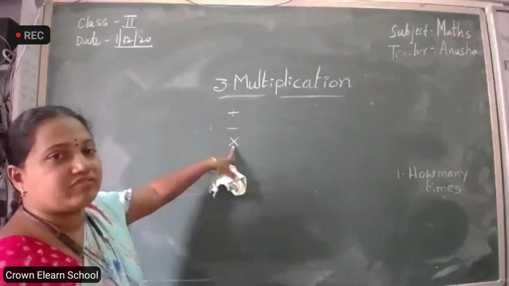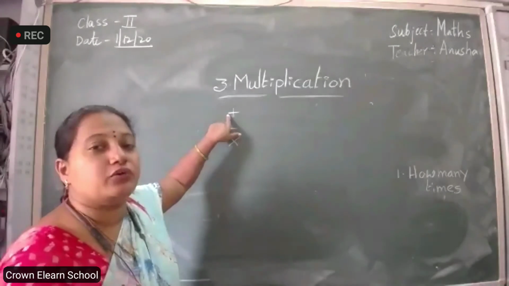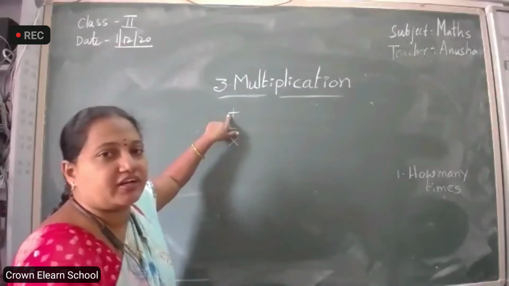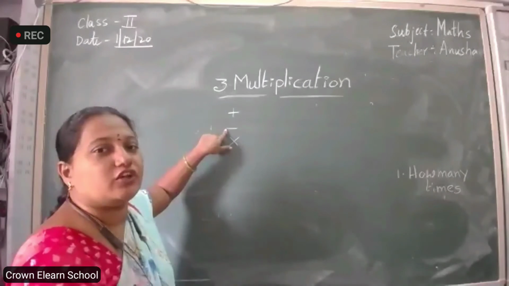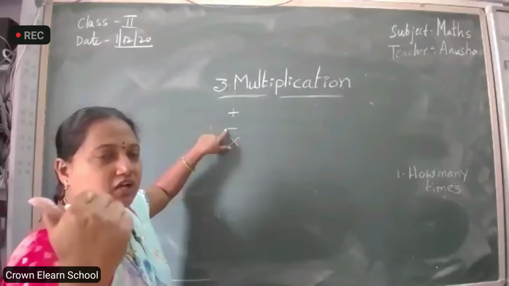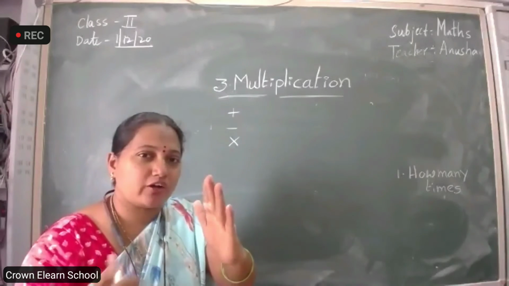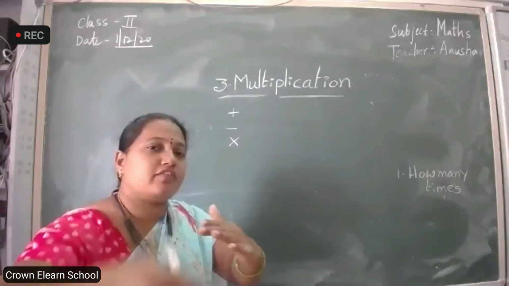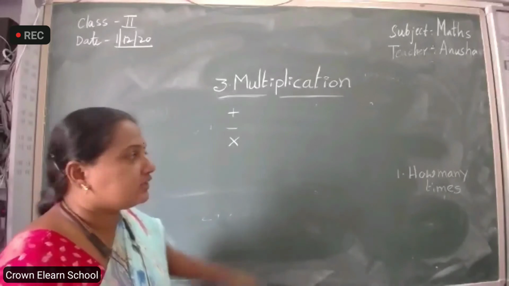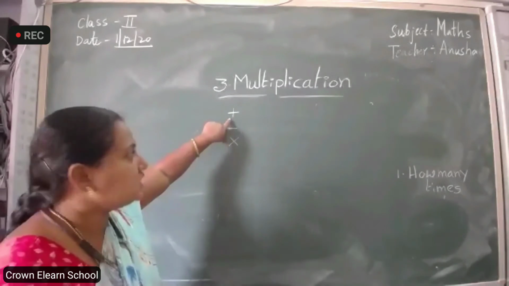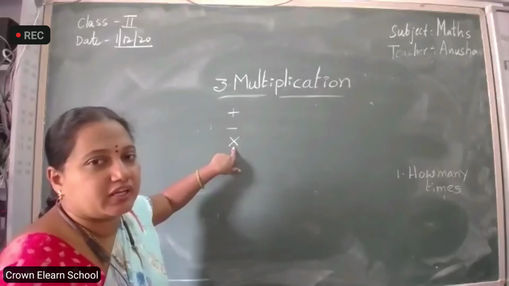Addition means you will take from your friend, means your friend will give to you. Subtraction means you will give to your friend. Multiplication means the same number what you have, continuously you will add repeatedly. Understood, Nana? This is a symbol for addition, this is for subtraction, and this is for multiplication.